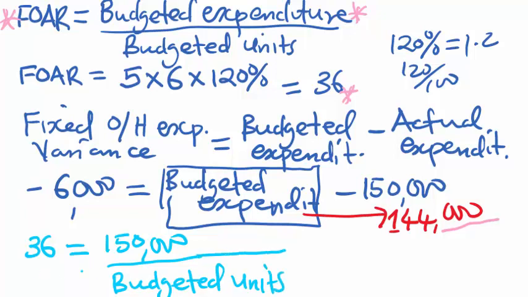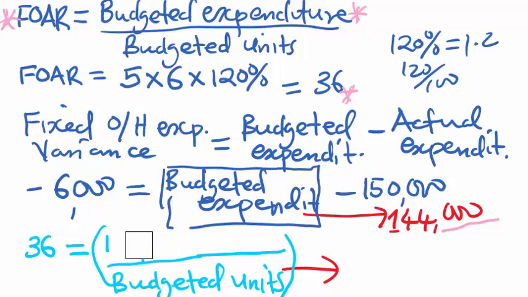I beg your pardon, this is not 150,000, that's 144,000. If you cross multiply and change the subject of the formula, you end up with budgeted units of 144,000 divided by 36, which is 4,000 units.